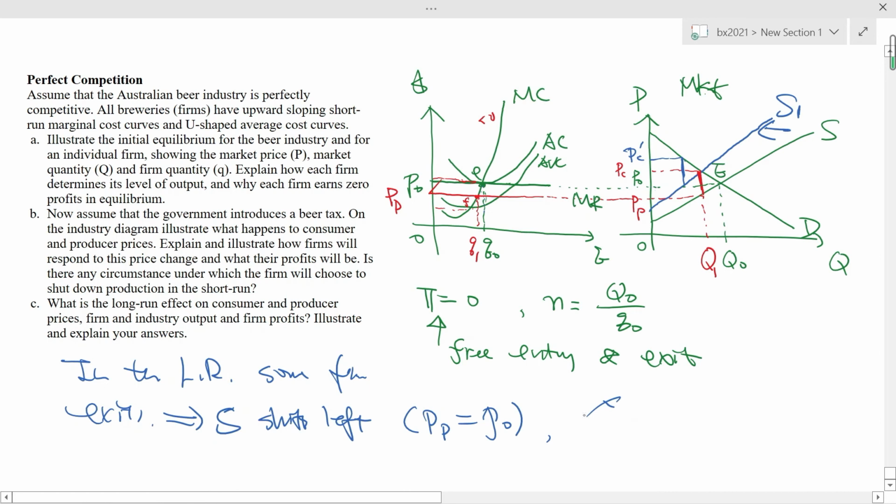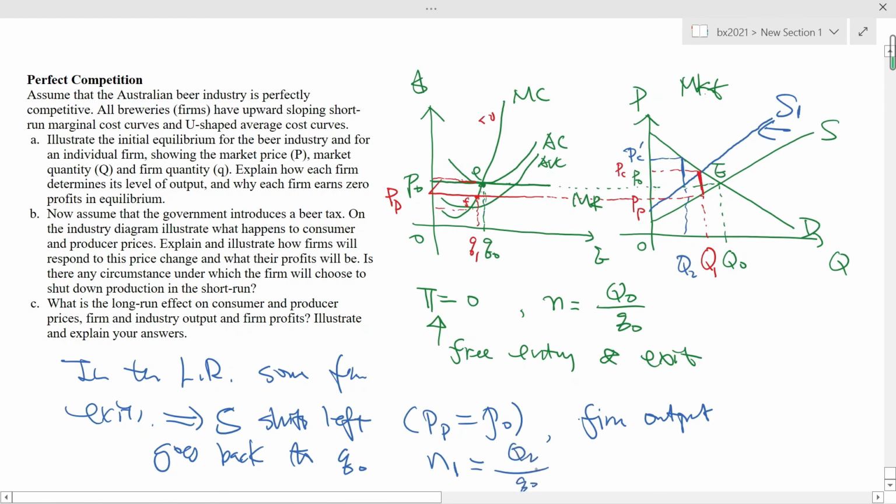Go back to q0. So now the new number of firms, let me call this big Q2 over little q0, is less than Q1 over little q1.